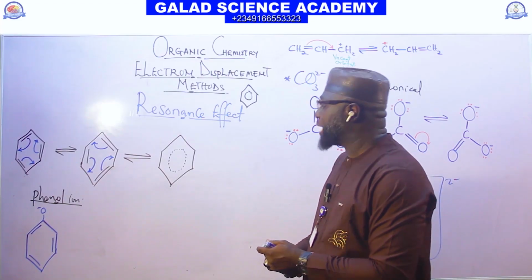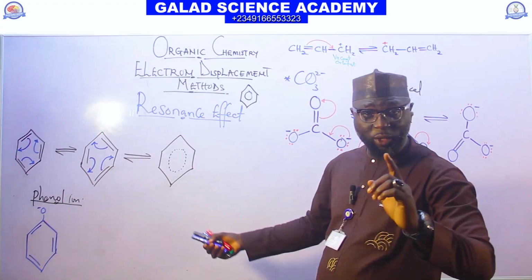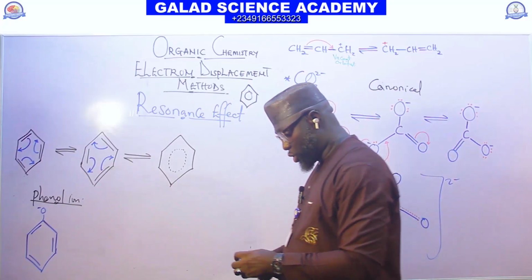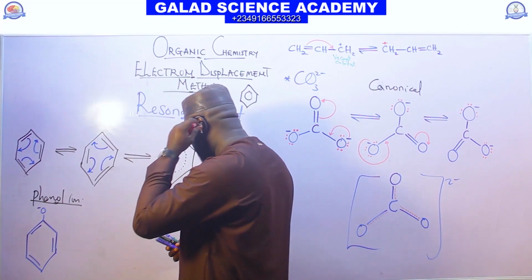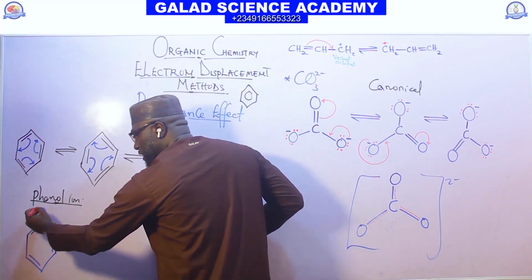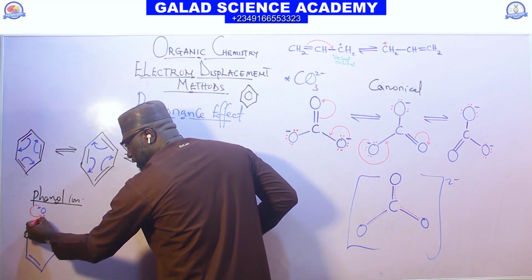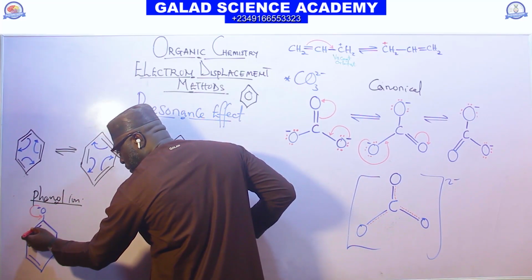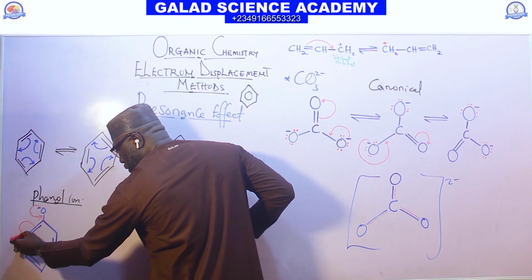We can also use resonance to determine the stability of organic compounds. We will talk about it later. So here, we can have this oxygen come to this side. When oxygen comes to this side, this pi bond here will also come to this side.